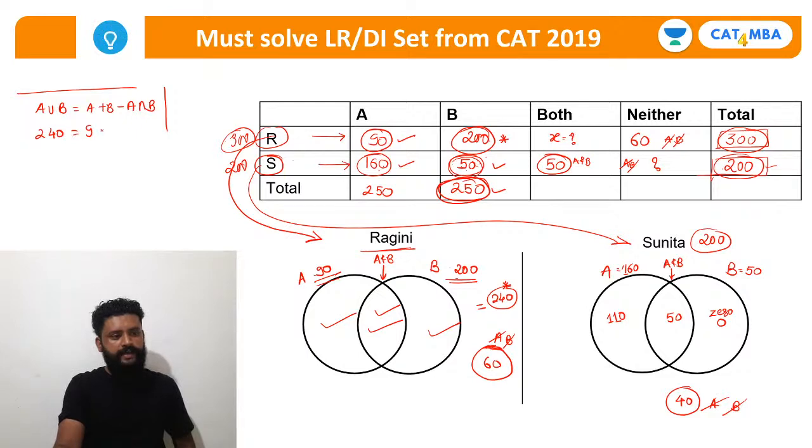It is 90 plus 200 minus X. So X must be 50.